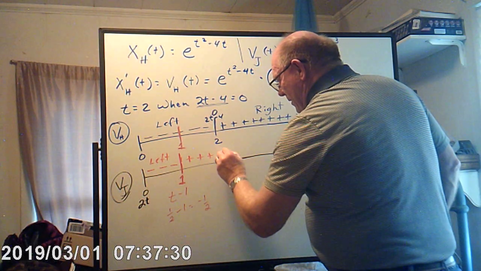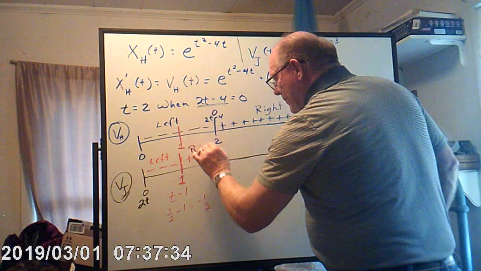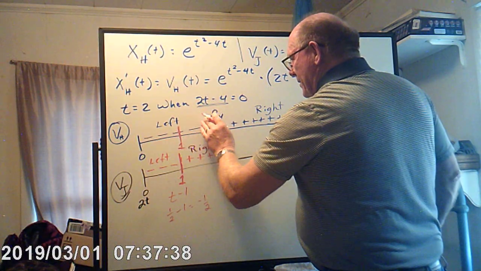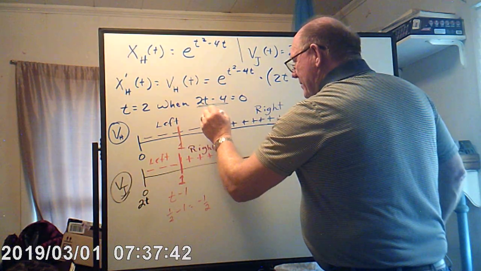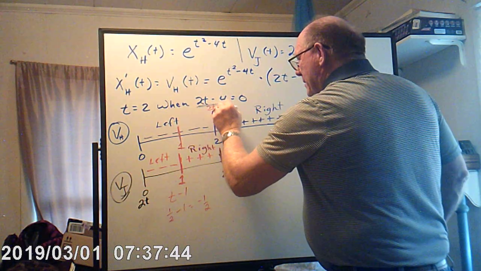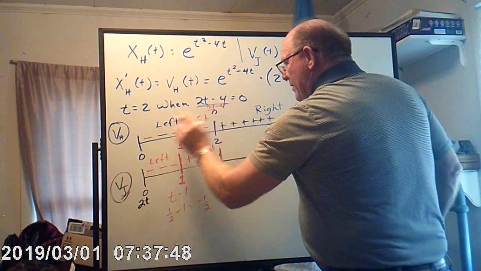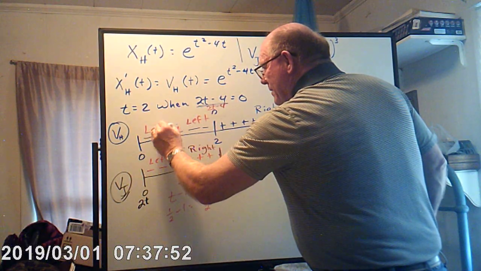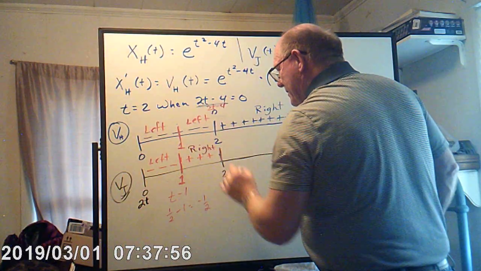So we know from 1 to 2, it's moving to the right. And actually from 1 to 2, this one, 2t minus 4, is moving which way? This one's moving to the left also. So from 0 to 1, it's moving to the left. From 1 to 2, we're moving to the left.